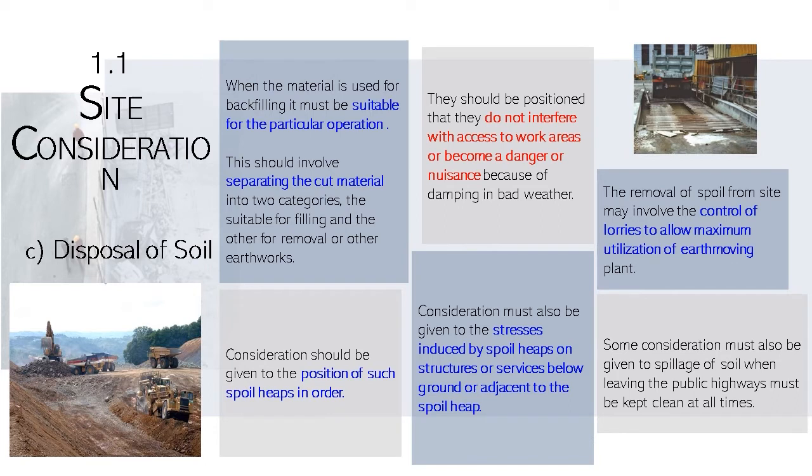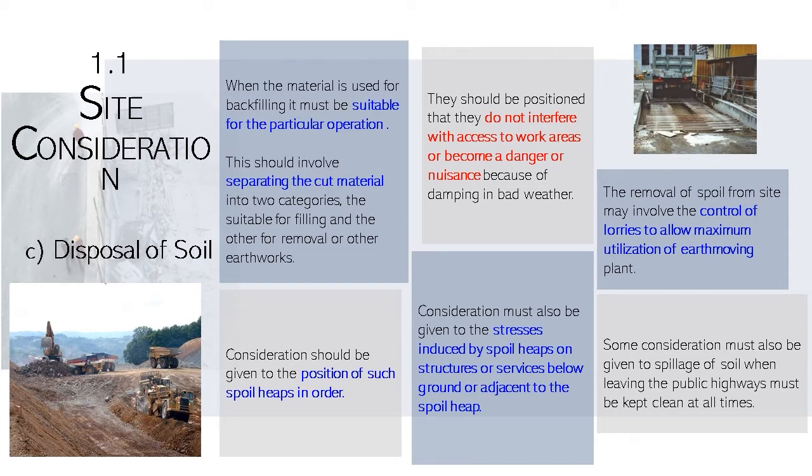Consideration must also be given to the stresses induced by spoil heaps because of the weight on structures or services below ground or adjacent to the spoil heap. The removal from the site may involve the control of lorries to allow maximum utilization of earth-moving plant.